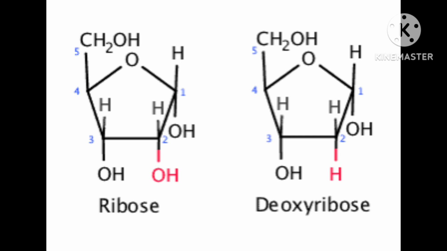In that, phosphate will also be there. Three parts will be there: phosphate, the first part; second part, the carbohydrate, like a pentose; and third part, a base. That base will come from the protein side.